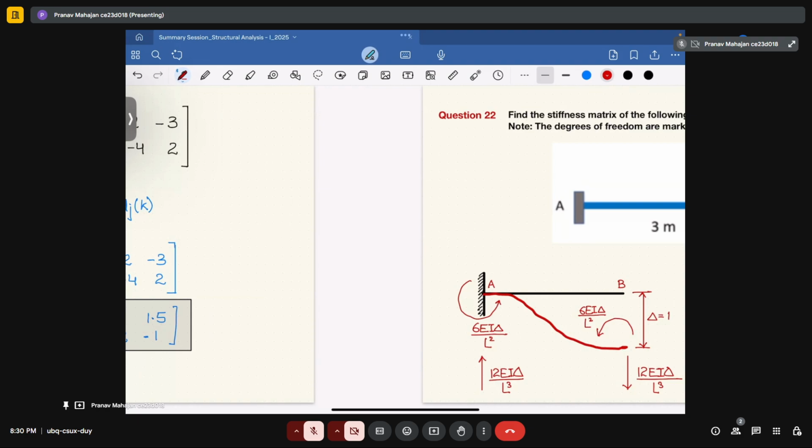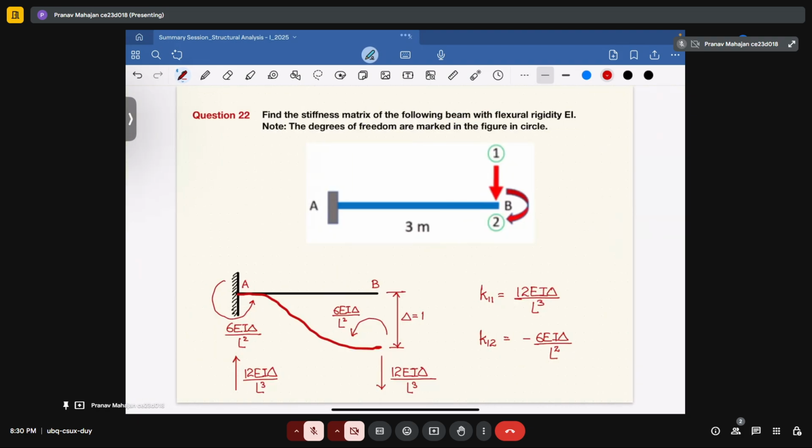In this case, the size of the stiffness matrix depends upon the number of degrees of freedom of that particular structure. When you neglect the axial deformations, only 2 degrees of freedom come into the picture. One is your vertical degree of freedom and one is your moment degree of freedom.